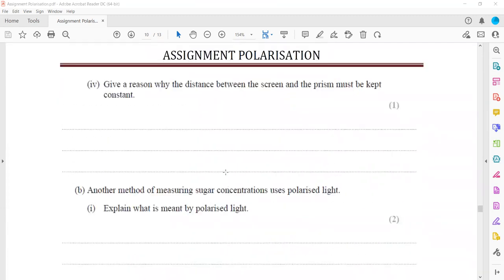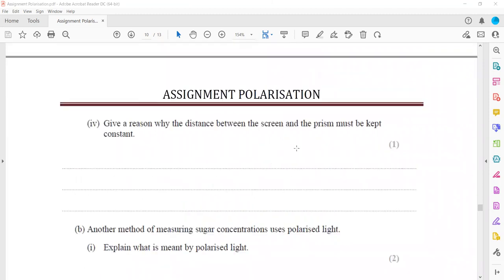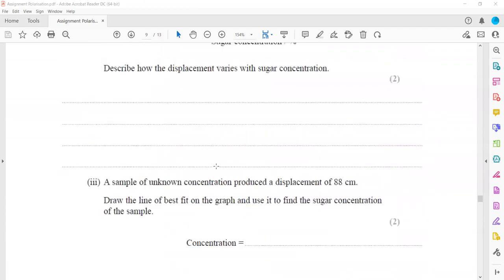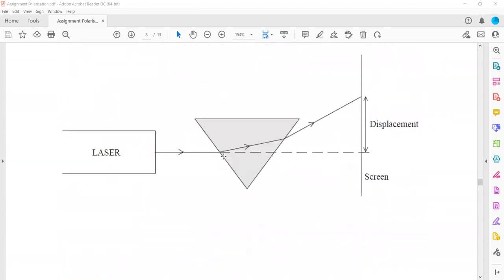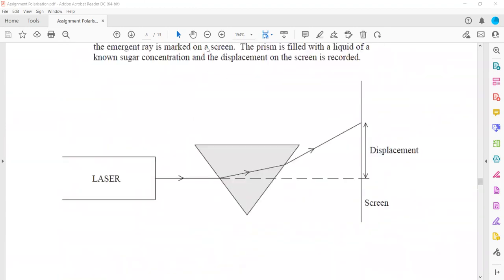Then give a reason why the distance between the screen and the prism must be kept constant. Like why this distance, the position or the distance between the screen and the prism, must be kept constant. Because if we change the distance between the screen and the prism, it will affect the displacement.